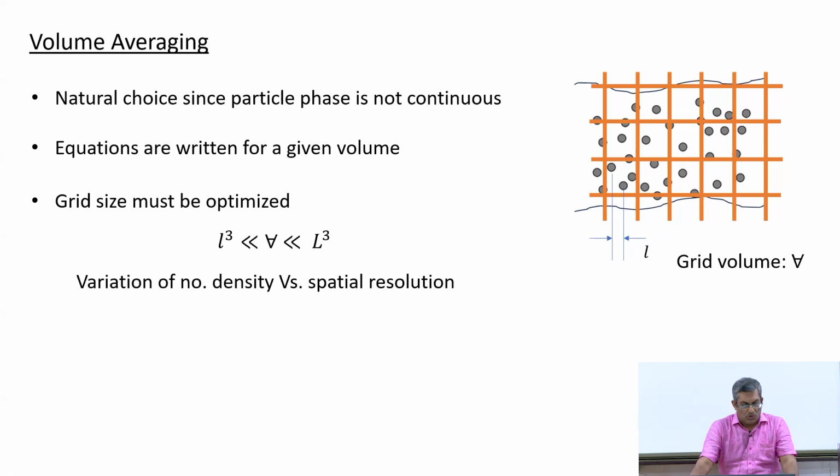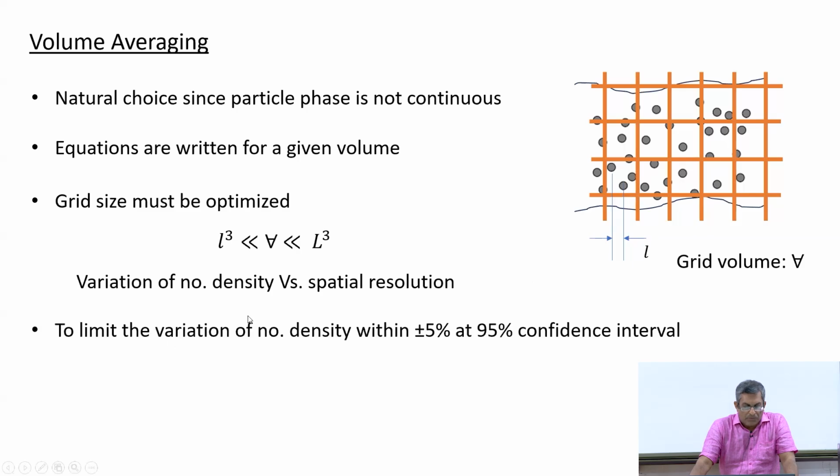For now, if we consider the limit of this variation of the number density to be about, say, 5% at a 95% confidence interval, it can be shown that the cube root of this grid volume should be of the order of 18 times the interparticle separation distance. How do we get it?